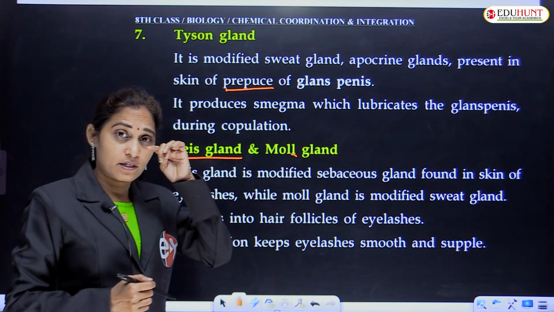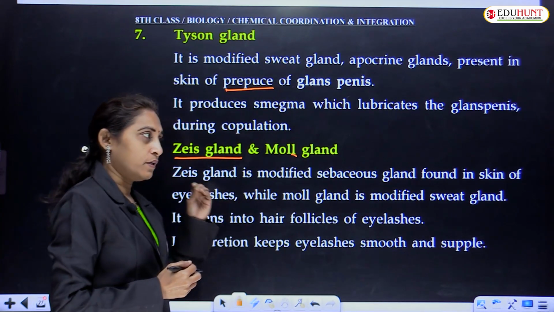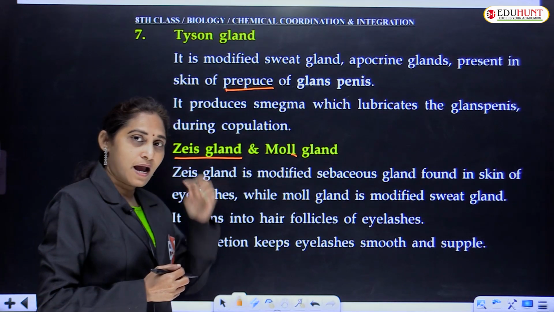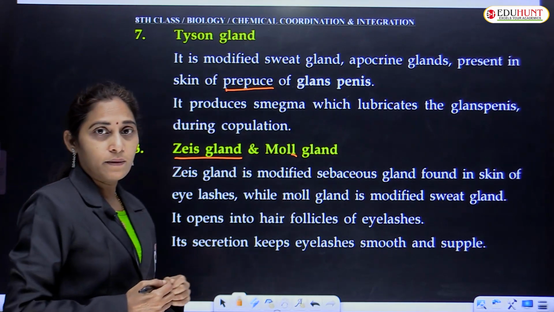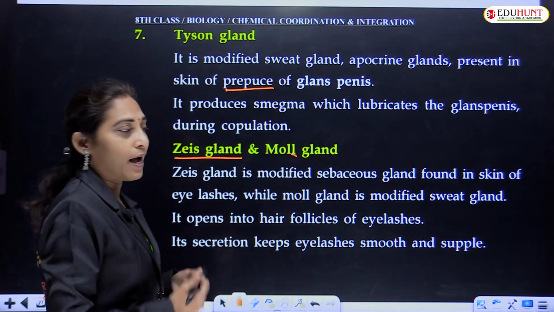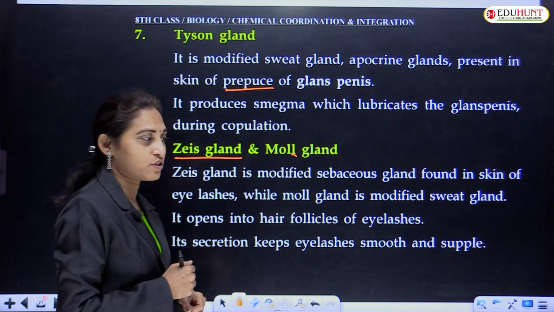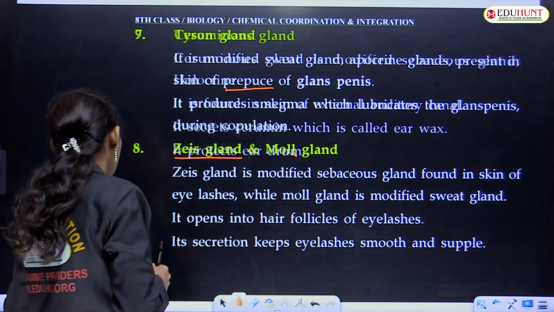Jay's glands are present in eyelids and lashes. They open near the follicles of the eyelashes and over the eyelashes. The secretions of these glands make the eyelashes wet, smooth and supple.